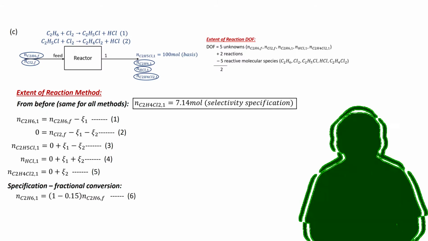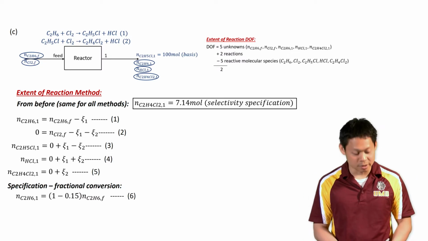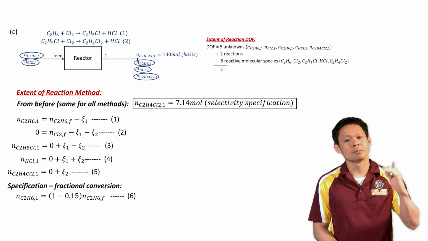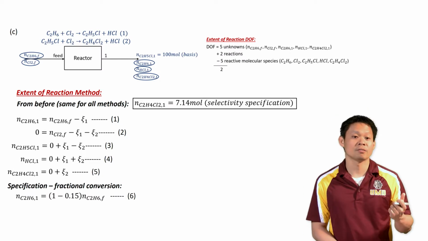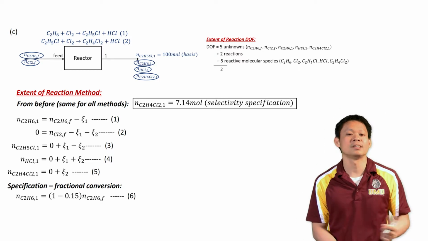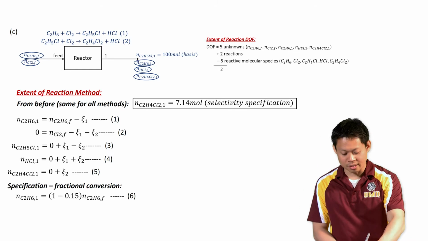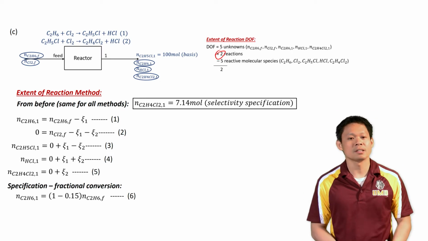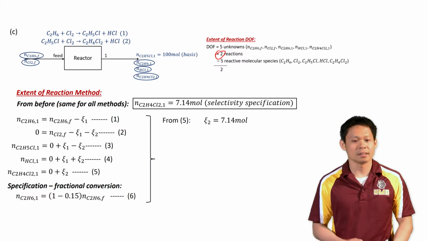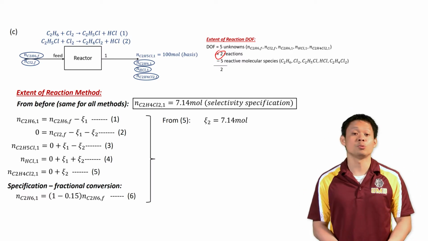Here are all our 5 reactive molecular species extent of reaction equations. Go through each one of them and make sure that you understand each equation. Remember, in this case we have to solve for 2 additional unknowns, XC1 and XC2, which are our 2 reaction unknowns in our degree of freedom right here. So looking through this set of equations, you realize that in 5, which is our undesired product, we can solve for our XC2 right away.